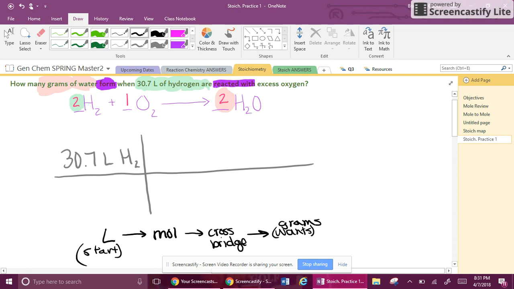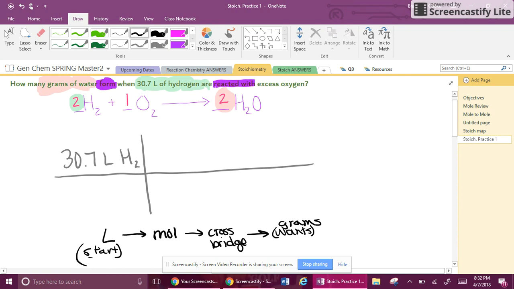This little flow chart is going to be the top of my stoichiometry chart, and you'll see how the units cancel out. If it helps you to think, I always go to moles, cross the bridge, go to what it wants. As long as you can identify where to start, this pattern is always the same, no matter what. Start, moles, bridge, once. Start, moles, bridge, once.